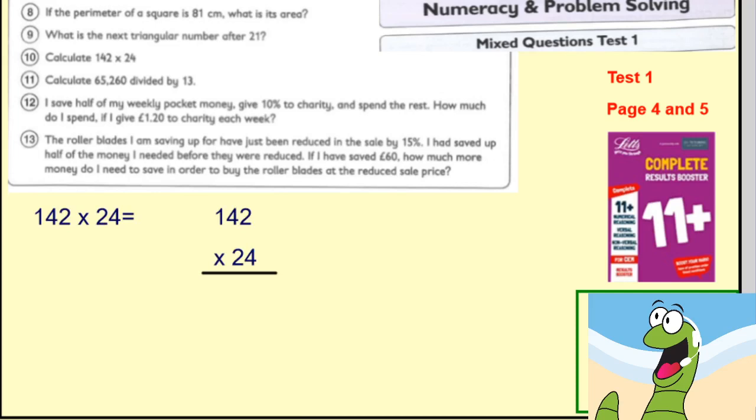Okay, question 10. Calculate 142 multiplied by 24. There we go, 142 multiplied by 24.